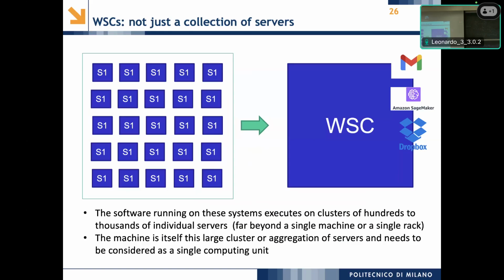Then I have a software layer. How do I perform the computation? I write a simple code, which is the same whether I'm using a single node or other nodes. Then this code is shipped to the servers where the data is stored.